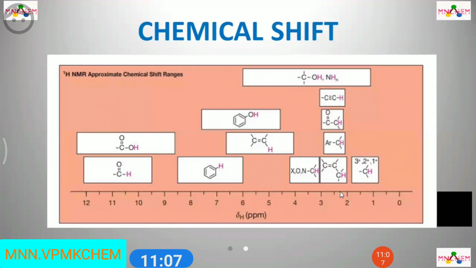Then we have olefinic, vinylic, allylic, olefinic between 5 to 6, aromatic between 7.6 to 8, aldehydic around 9.5, and then we have acidic in the range of 10 to 11. So these are a few chemical shift ranges for commonly occurring protons.